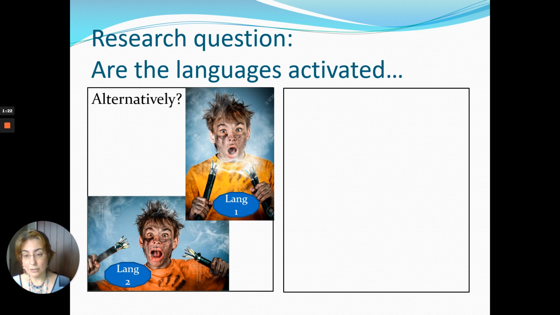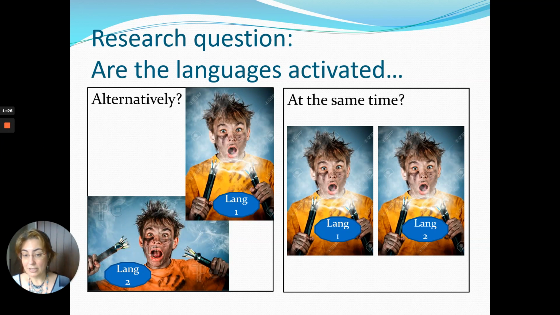So there's an alternation of activation, or at the same time, meaning both languages are activated in the speaker's mind at the same time, and somehow still you end up speaking only one or a mixture of both, you know, the way you want to speak, right?